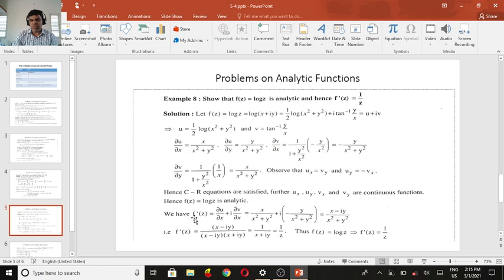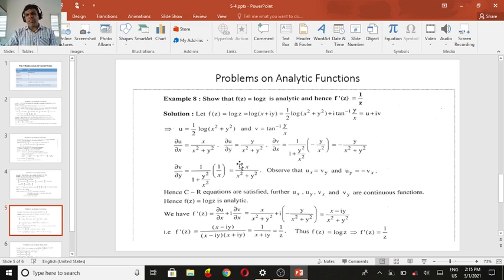So x minus iy gets cancelled. 1 divided by x plus iy. So 1 divided by z. Z is a complex number. Thus, derivative of log z is 1 by z. Means f of z is log z, derivative of f of z is 1 by z.